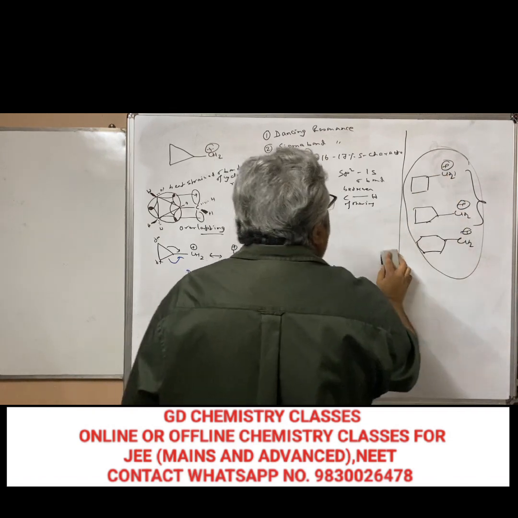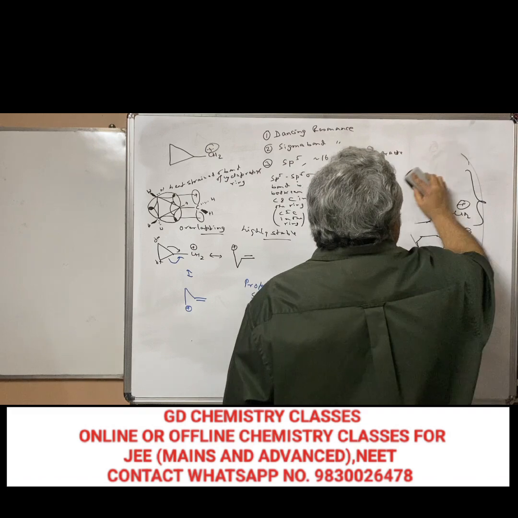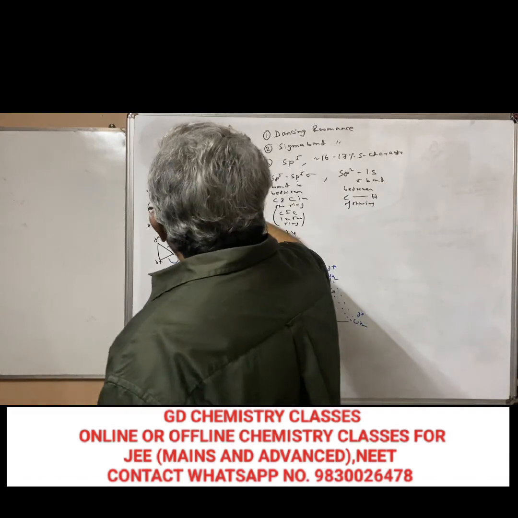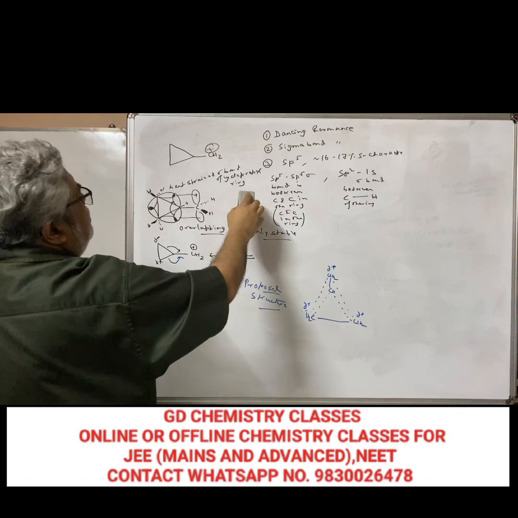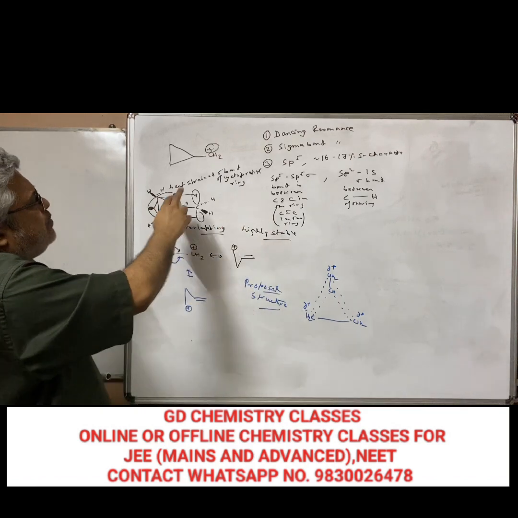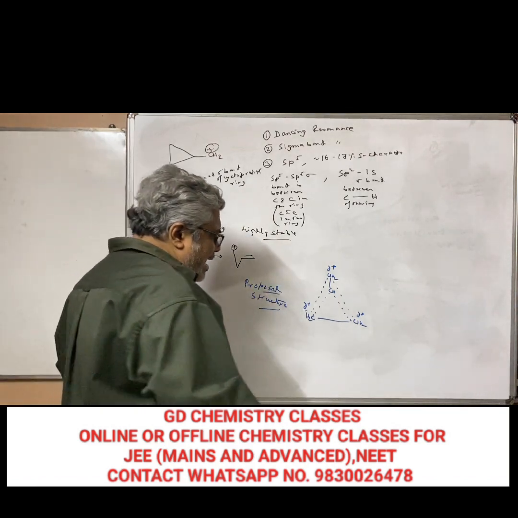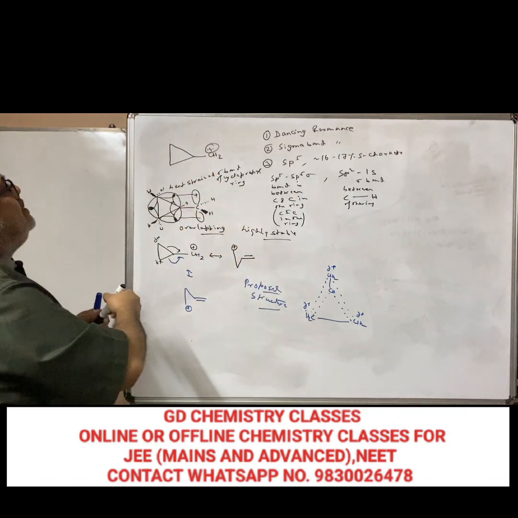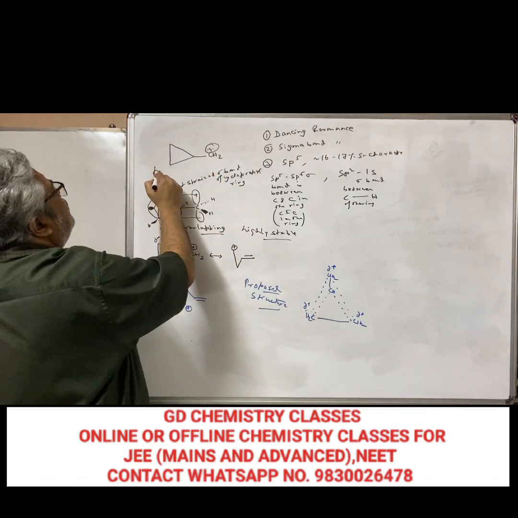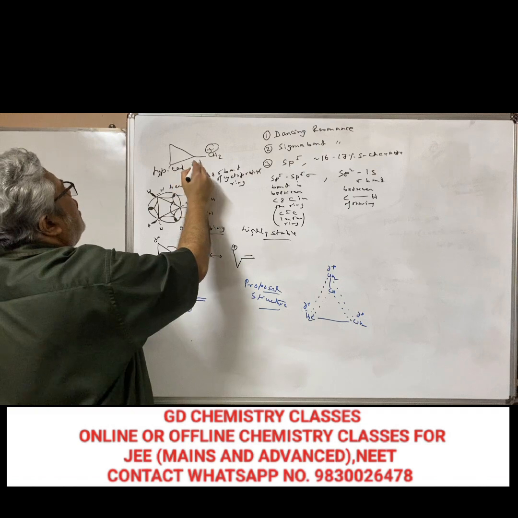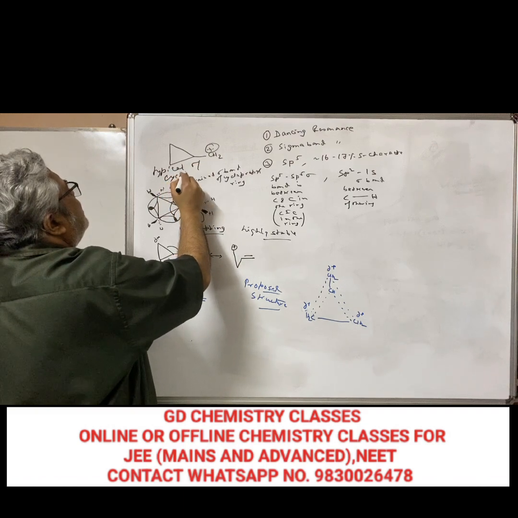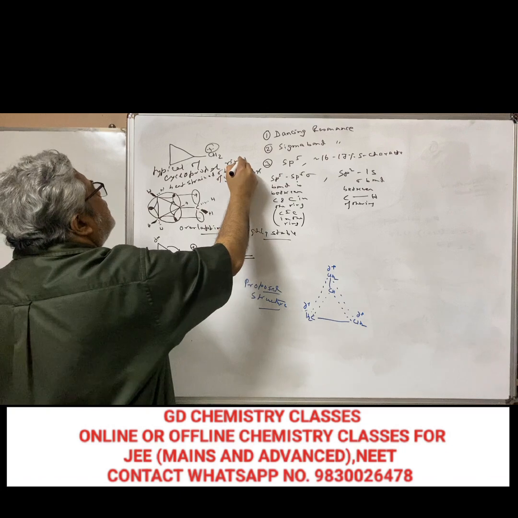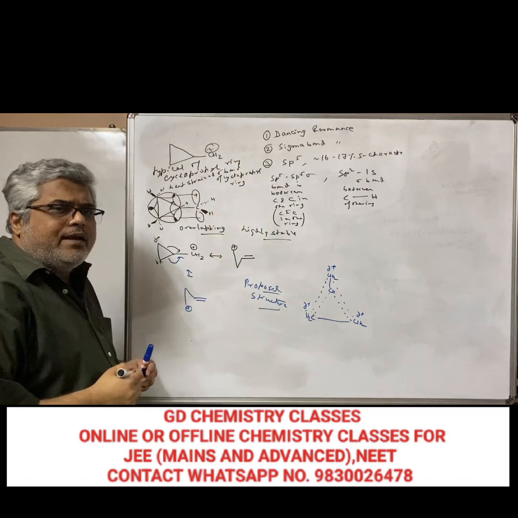This is typical for the cyclopropyl methyl carbocation. The bent strained sigma bond system of the cyclopropyl ring overlaps with the vacant 2p orbital of this carbon atom. This is typical of the cyclopropyl ring, not of other cyclic rings, cycloalkane rings.